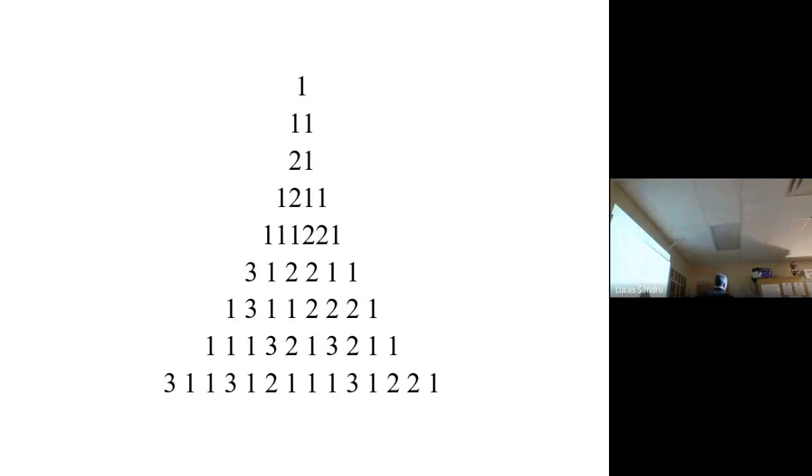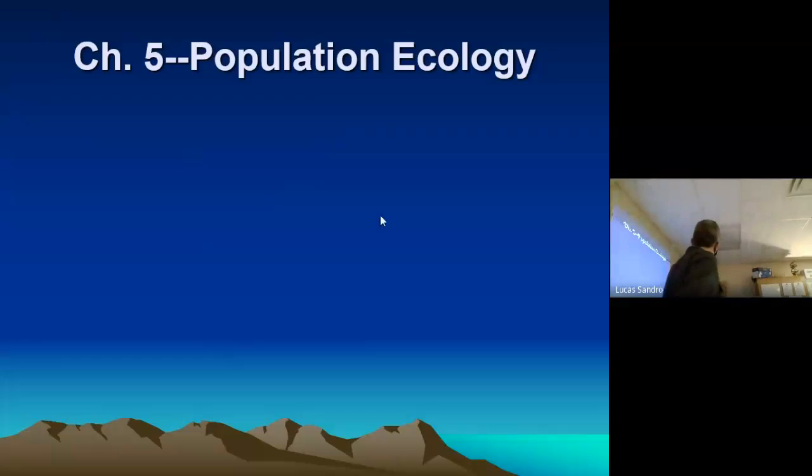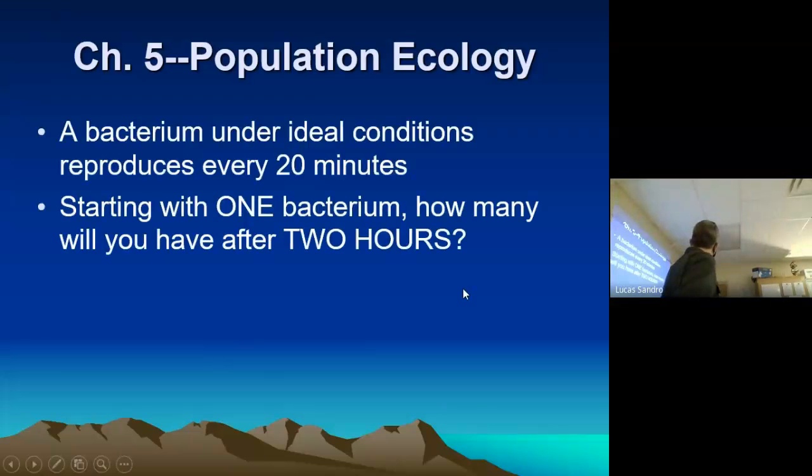So in beginning to talk about population growth, we graphed some stuff. We graphed specifically a bacterium, right? We said that that bacterium reproduces under ideal conditions every 20 minutes.